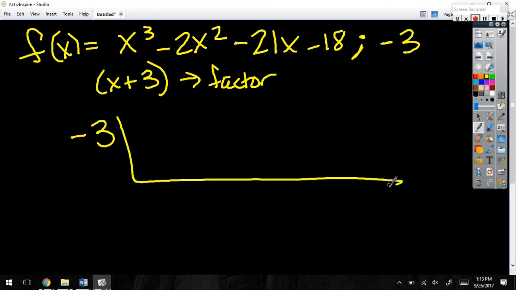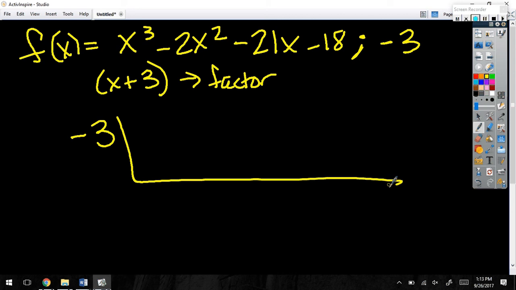When you are synthetically dividing, the number outside, if you're given a zero, is the same sign as the zero, but the opposite sign of the factor. That's where you're going to get confused. So make yourself a note: same sign as the zero, opposite sign of the factor.